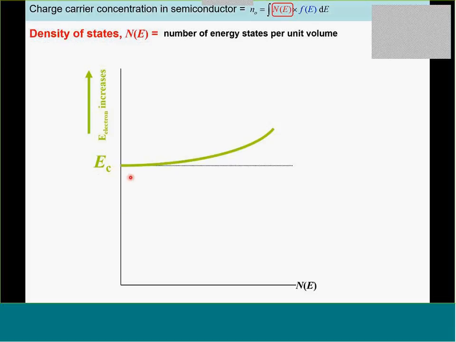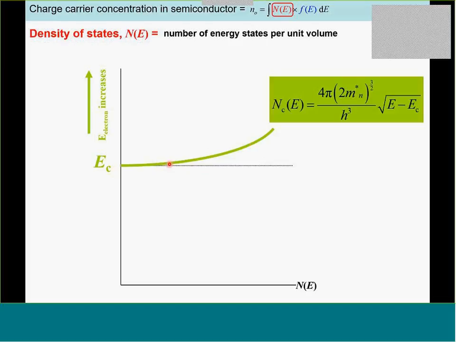This curve represents the conduction band edge, and we can quantify this in the form of this expression, energy density.